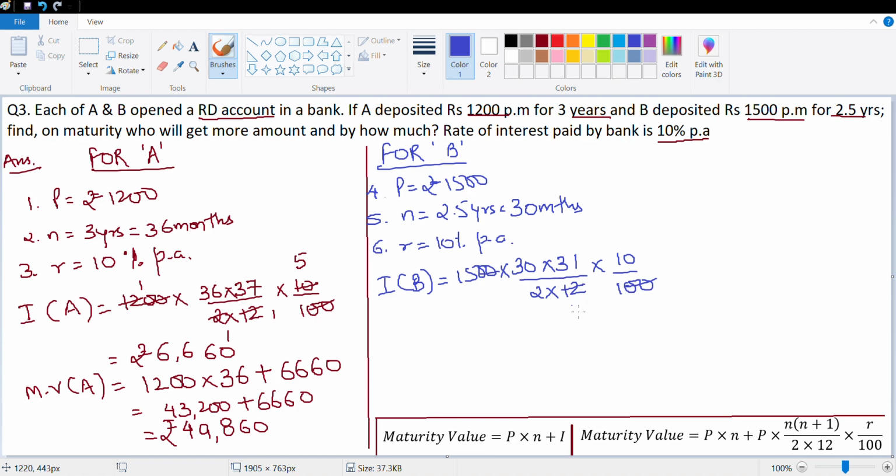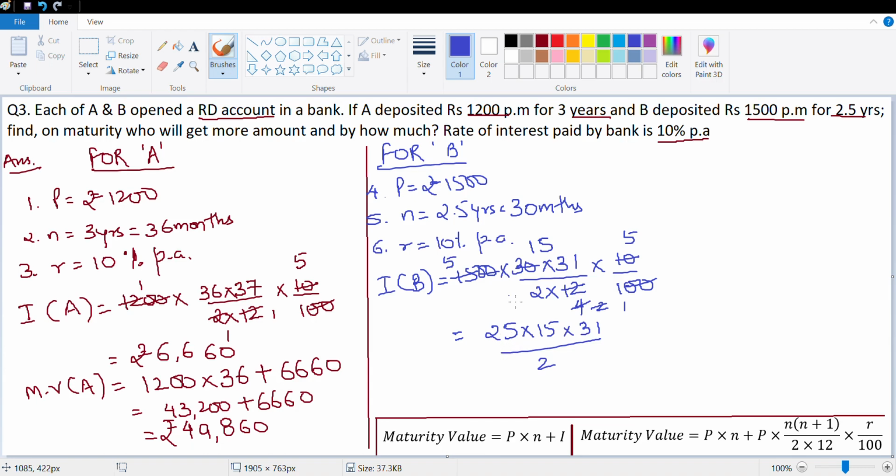This is 3 into 4, and this is 3 into 5. This is 2 into 2, this is 2 into 5, this is 2 into 1. This is 2 into 15. So I have 25 into 15 into 31 upon 2.